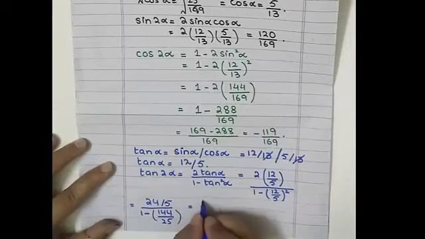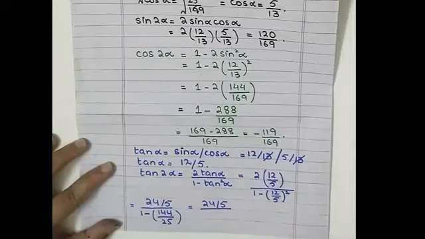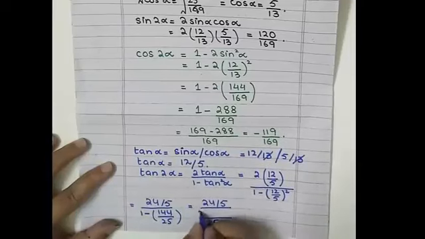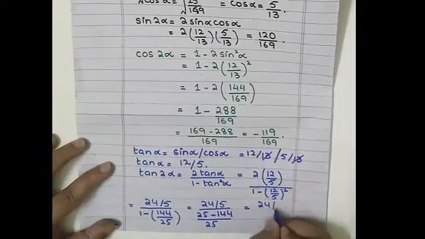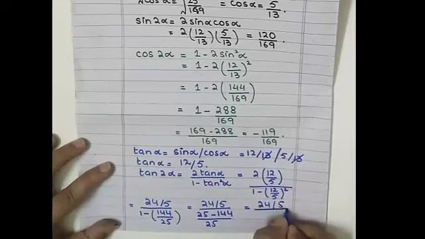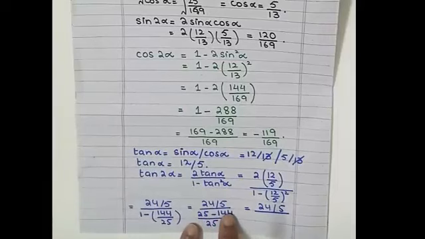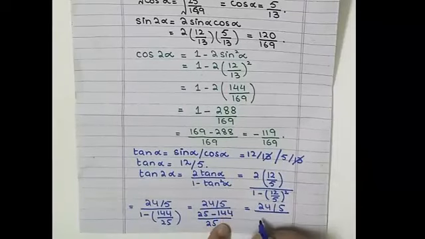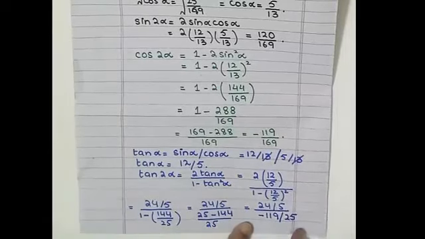So we have 24 divided by 5 over, now we will take LCM, which is 25. So 25 minus 144. This is equal to 24 divided by 5 over 25 minus 144, which is minus 119 divided by 25.